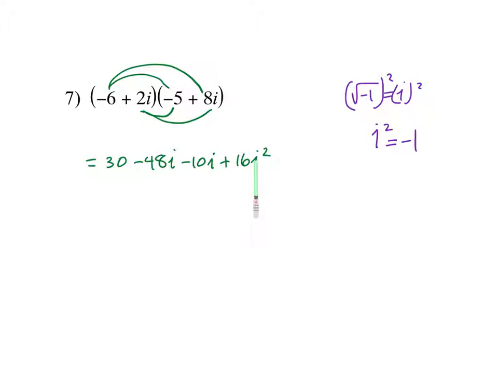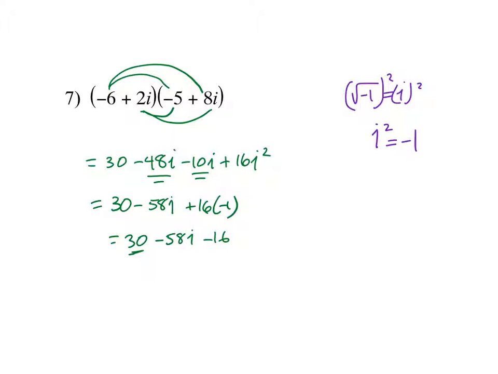Every time I have an i squared, I can substitute it for negative 1. So I have 30 minus 58i, I just combined those two like terms, plus 16 times negative 1. So I have 30 minus 58i minus 16. Now we can combine these like terms. So 14 minus 58i.